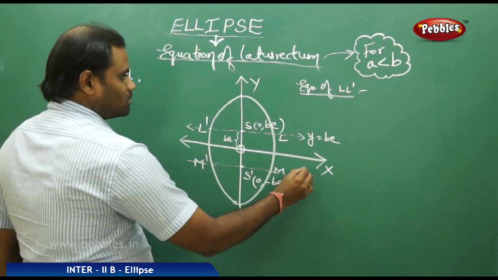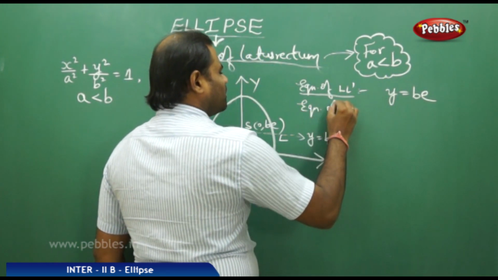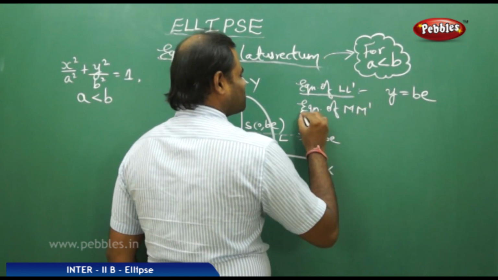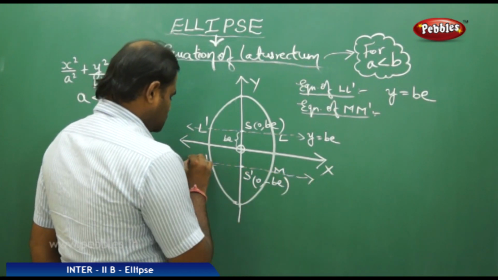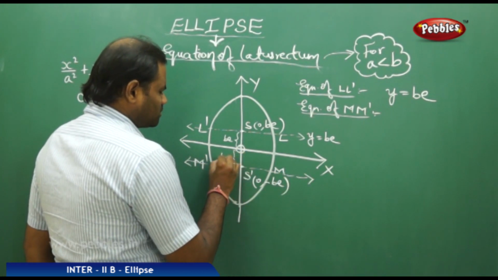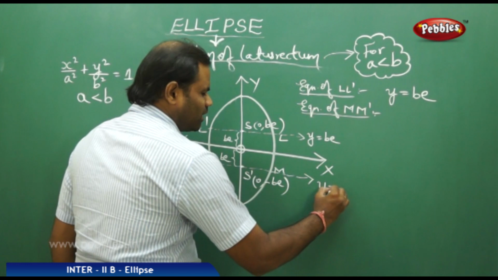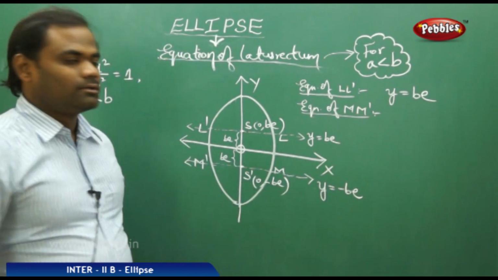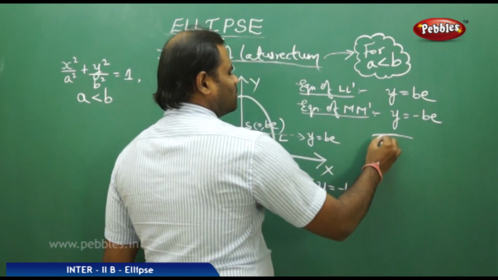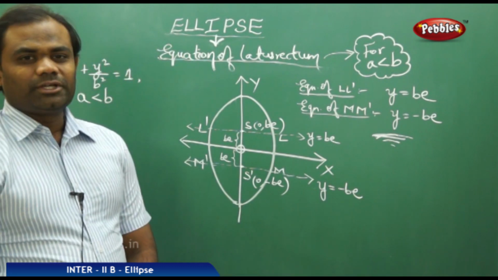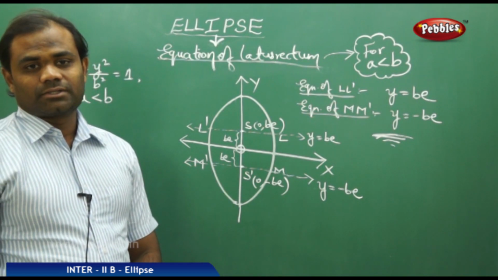And MM dash is a line parallel to the x-axis but below the origin with the distance being BE, on the negative side of the y-axis, and hence it is y equals minus BE. This is how we identify the equations of lateral recta LL dash and MM dash in this case.